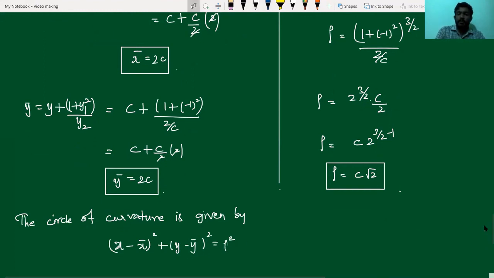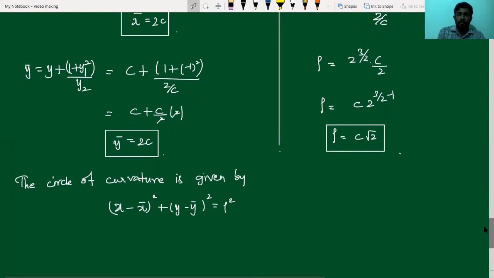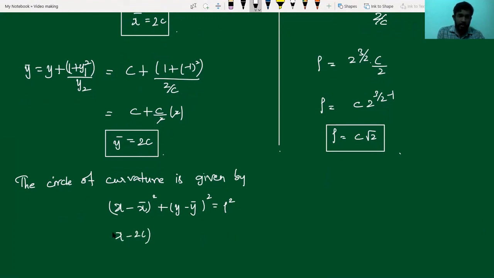I substitute the values of x bar, y bar and rho here. We get x minus 2c whole square plus y minus 2c whole square is equal to rho square, which is c root 2 whole square. So this is the required expression for the circle of curvature.